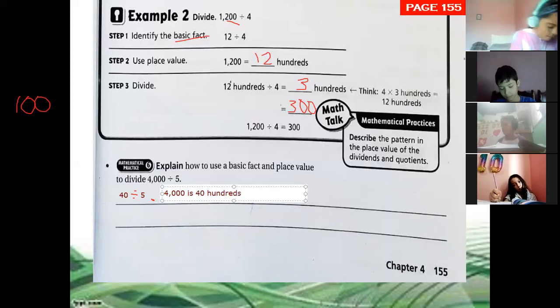40 is 4,000. And 40 hundreds divided by 5 equals 8, right?